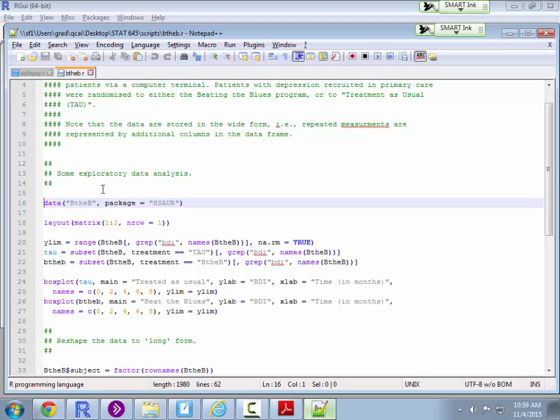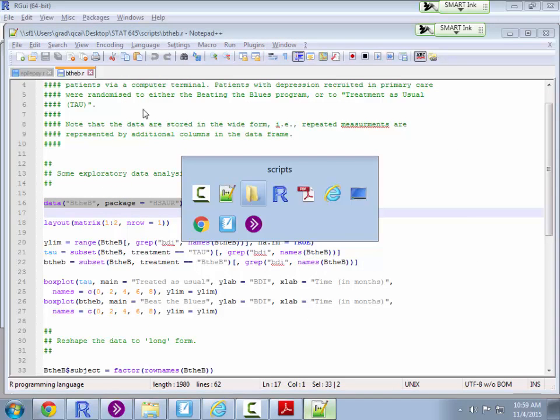Let's load the data in. Looks like I'm going to have to install another package.